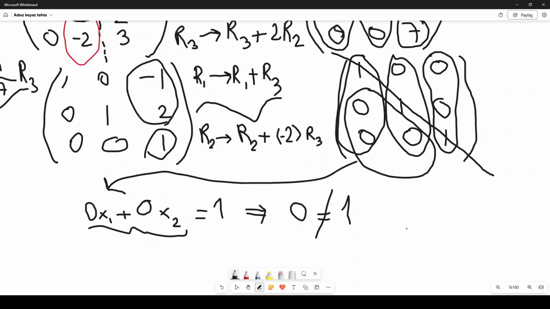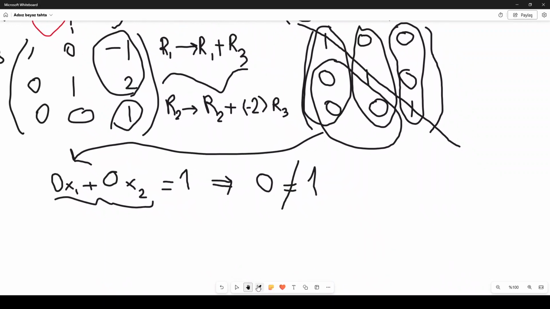This is a contradiction. So this is enough to say that there is no solution here, because this equality will never be satisfied, and therefore our solution set is nothing but the empty set. So there is no solution here.